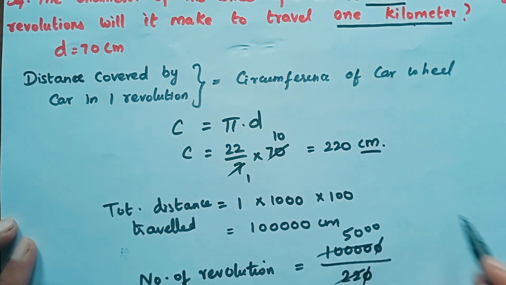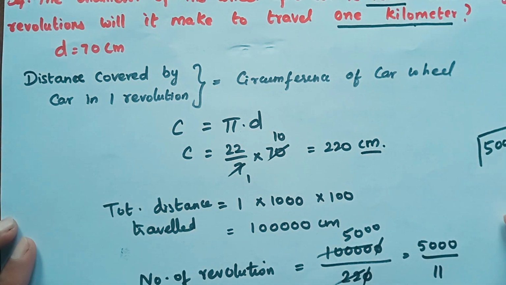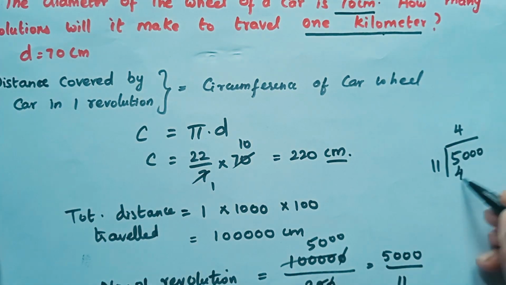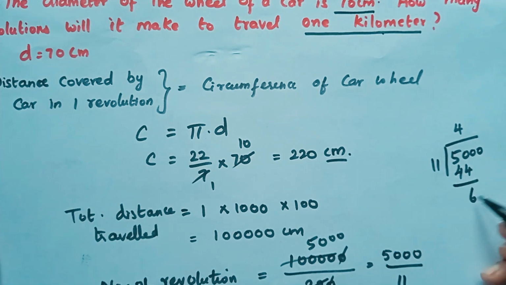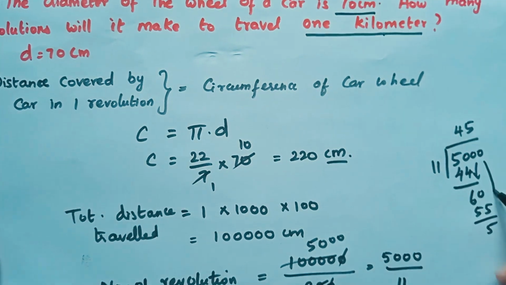Now this will be a fraction like 5000 divided by 11. You can write the answer as it is, or you can do further calculation by dividing it by 11. When you divide by 11, 11 into 4 times is 44, remaining 6, 60, then 5 times is 55, remaining 5, bring the 0 down.